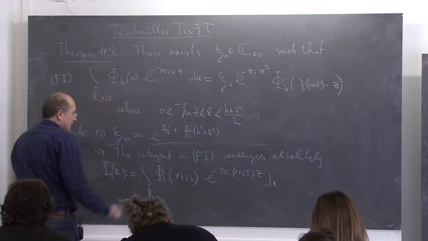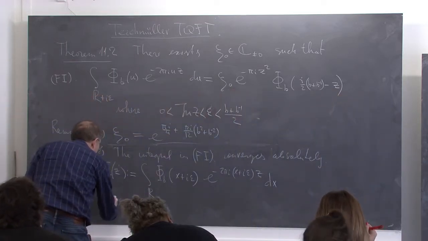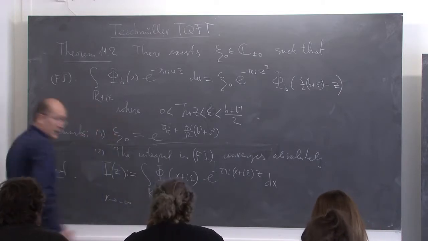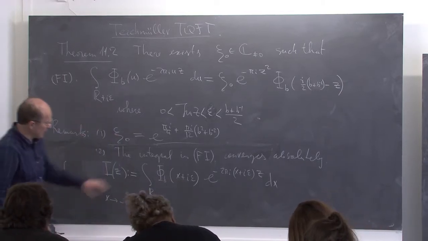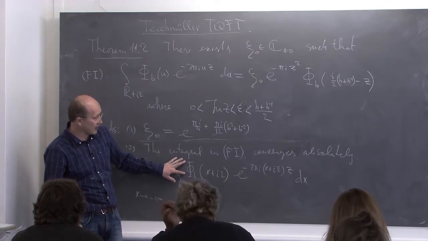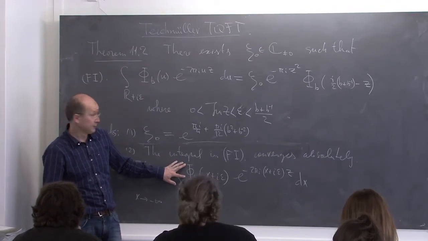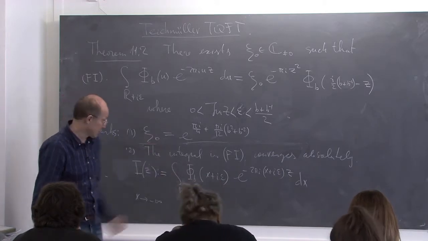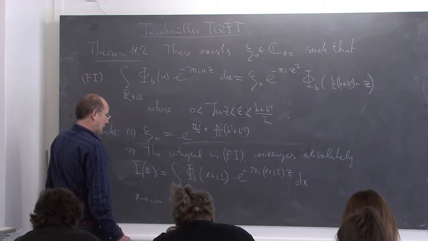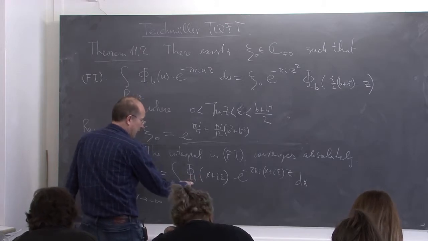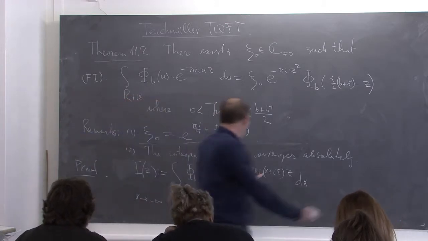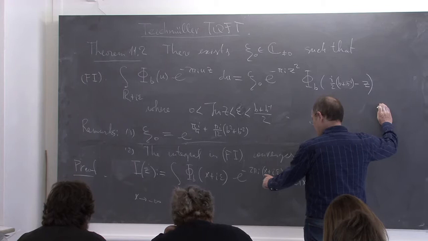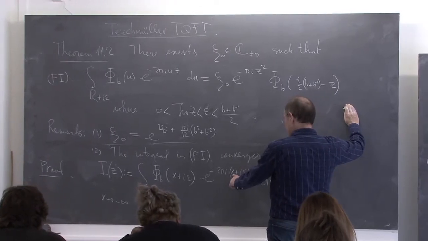And let us see when x goes to minus infinity. When x goes to minus infinity, we know that phi goes to 1. It's the last property, number 5, in the theorem of last week. So phi goes to 1. And then we should look at what happens with the exponential.